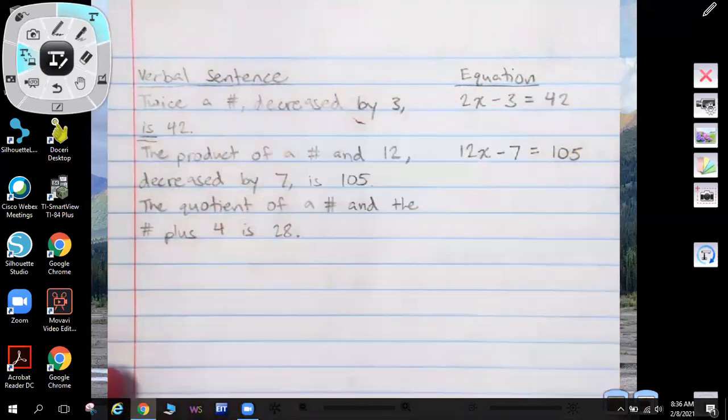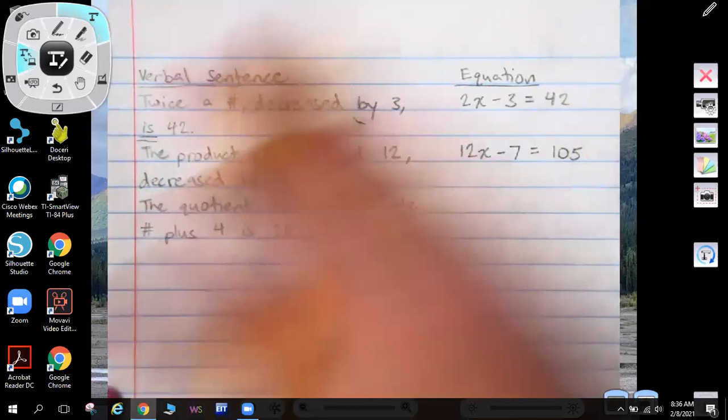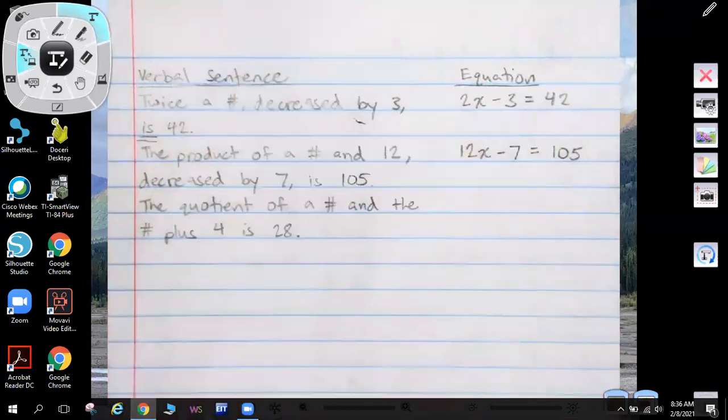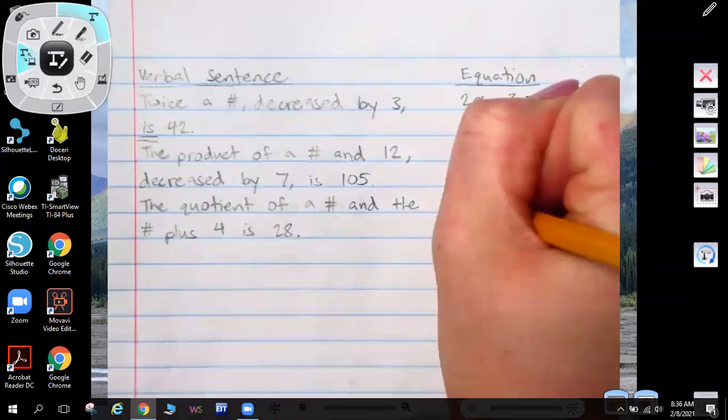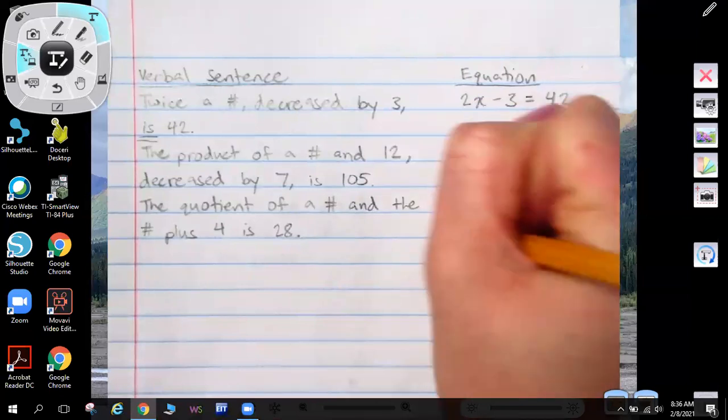The quotient of a number and the number plus 4 would be x over x plus 4.